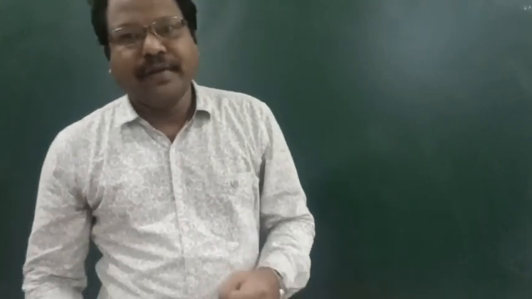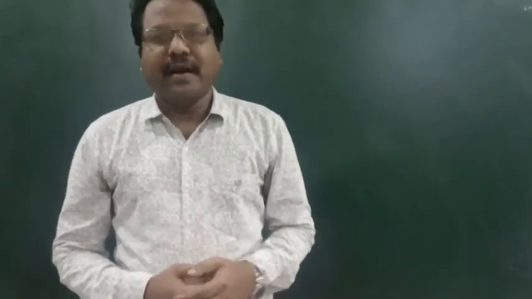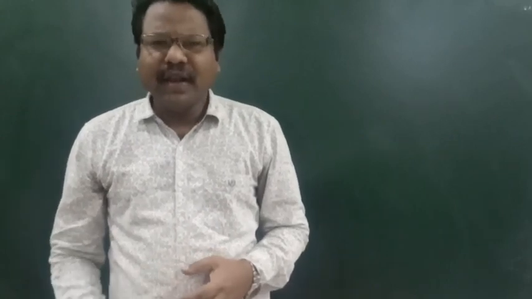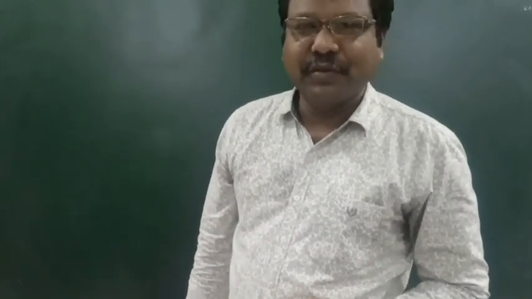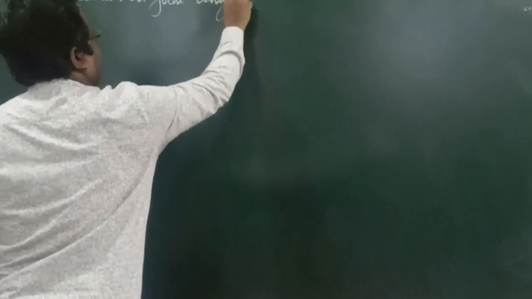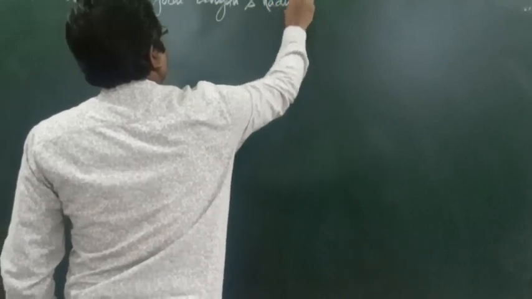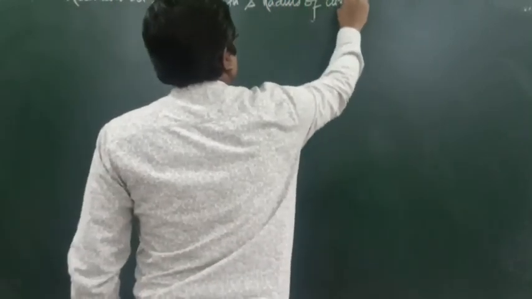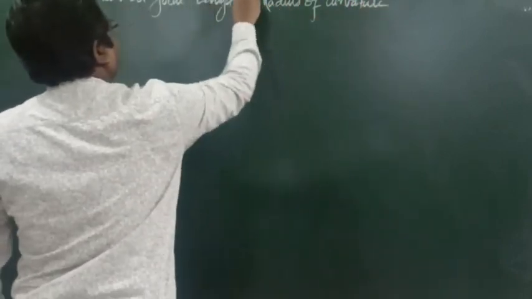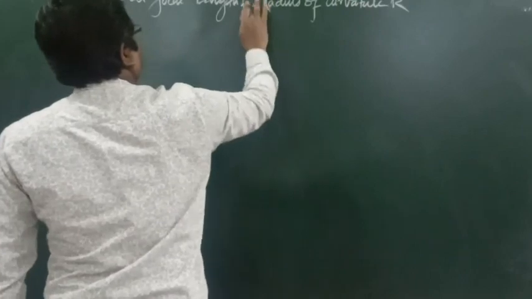Now we are going to deal today with some important derivations regarding spherical mirrors, and we'll begin with a relation which is f equals r by 2, the relation between focal length f and radius of curvature r.